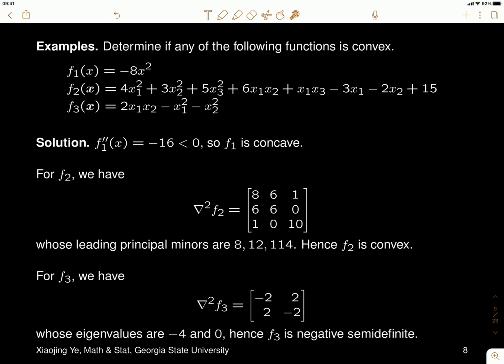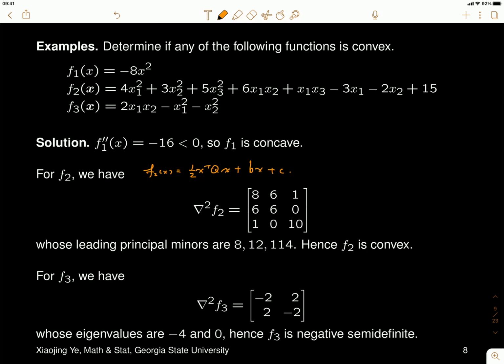For f2, we have a multivariate function now. It has 3 variables, and it appears to be a quadratic function. As you can see, the highest order is 2. Then we can use the trick we learned before to write f2 as 1/2 x transpose Q x plus b transpose x plus c.